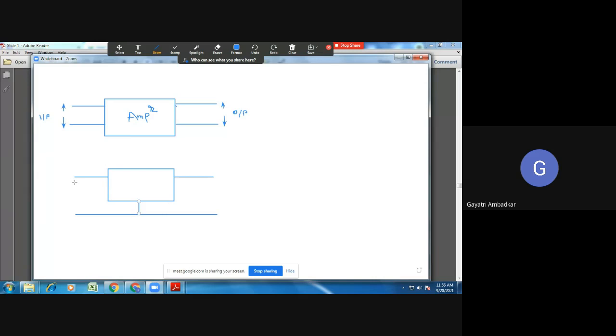So then I used to apply the input signal between these two terminals, and we take output between these two terminals. And this way we form the amplifier. Okay, so here we will give input, and here we will take output.